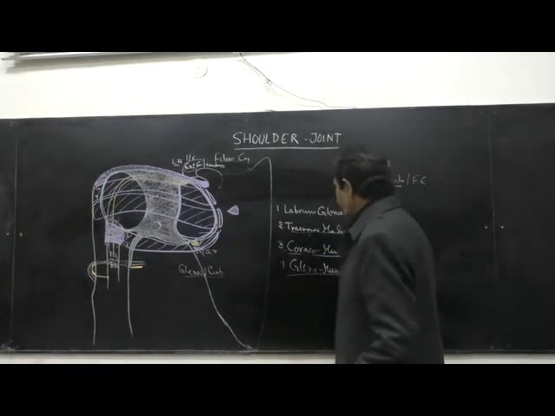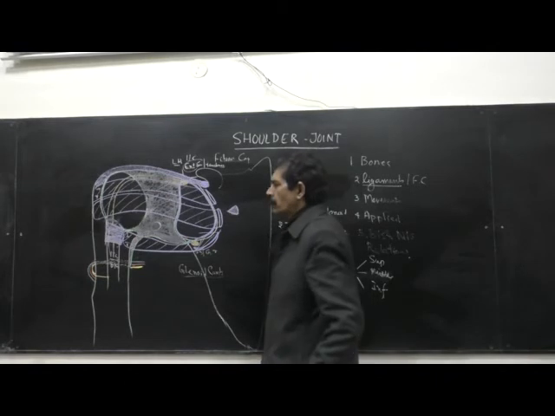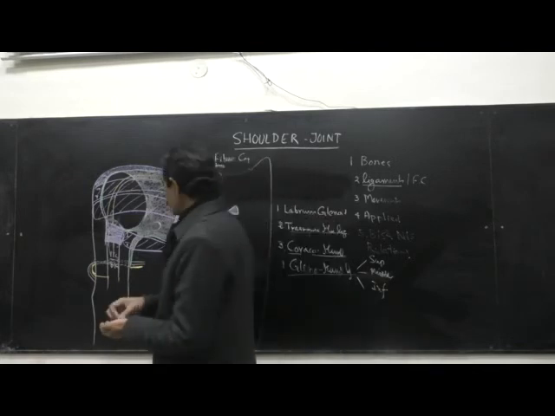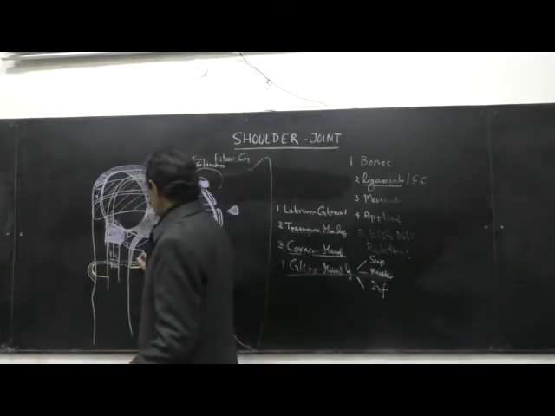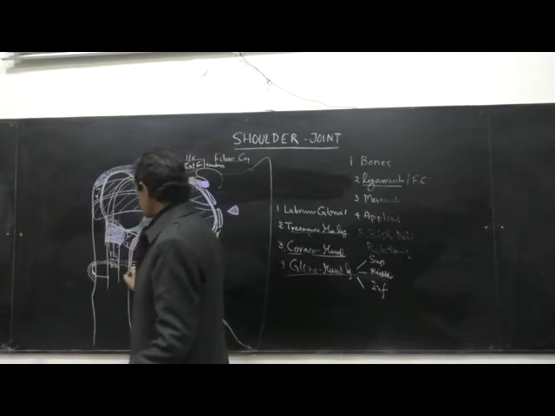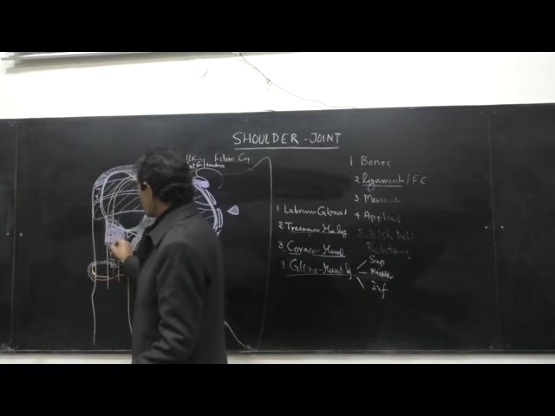Now comes the blood supply. The blood supply of the joint is provided by the various arteries around it. This is the posterior circumflex humeral artery. The anterior circumflex also anastomoses with it, and it runs in the bicipital groove and also supplies the transverse humeral ligament and the long head of the biceps.